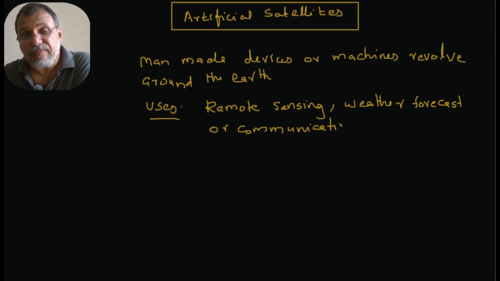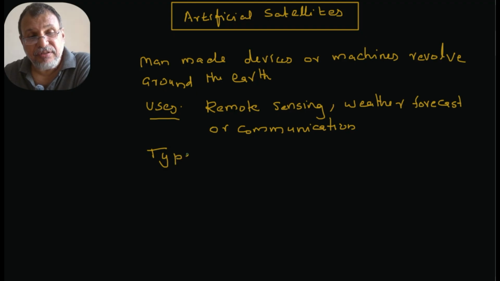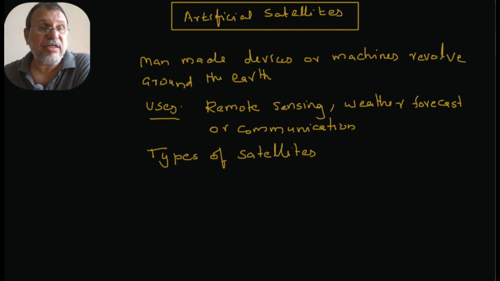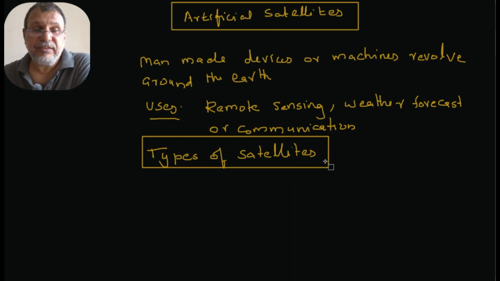Now, we'll describe two kinds of satellites. There are many kinds, but we are discussing only two. So we'll have types of satellites that are entirely different when it concerns their orbits.